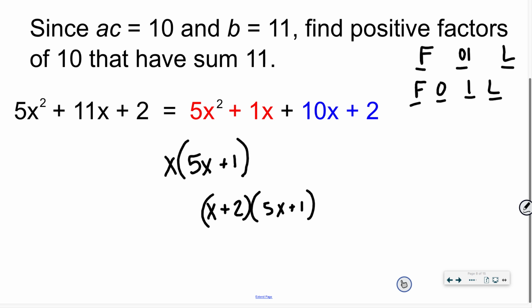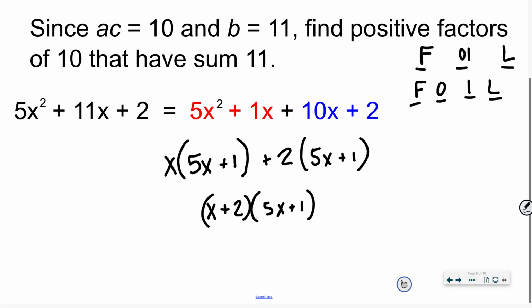Does that represent x times 5x and then x times 1? Yes, it does. Good. Then what would I do? You do the 2 times 5x. And then 2 times the 1. Right. Does that represent the inside of FOIL and then the L of FOIL? Yes.